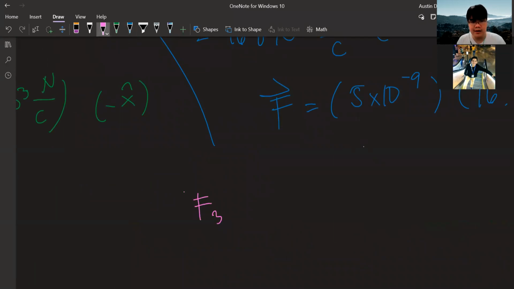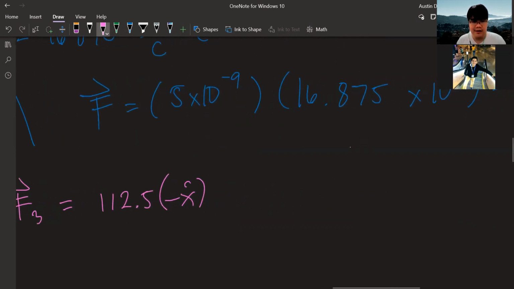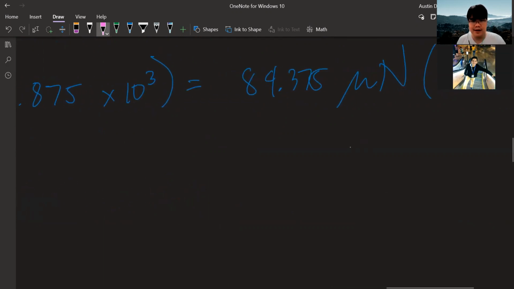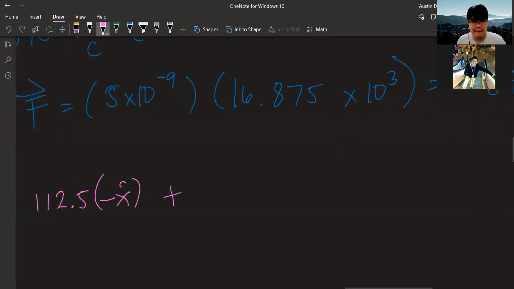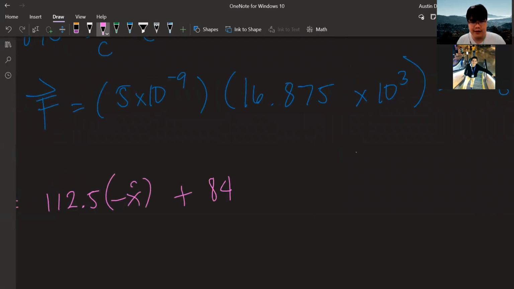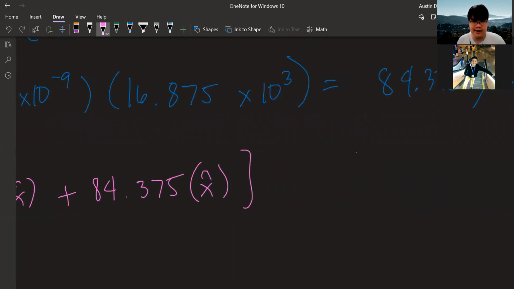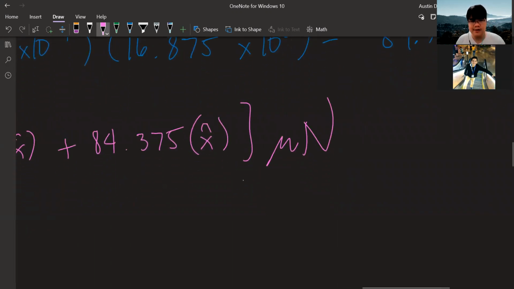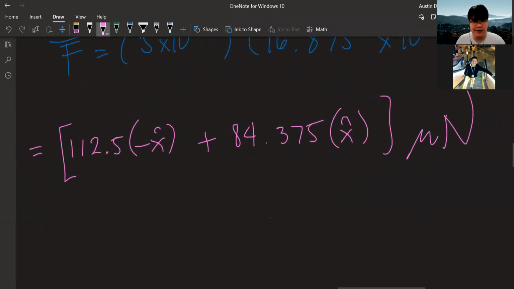The force on 3 is 112.5 in the direction of minus x hat, plus this much, 84.375 x hat. Then your units are micronewtons. And we can further simplify this.